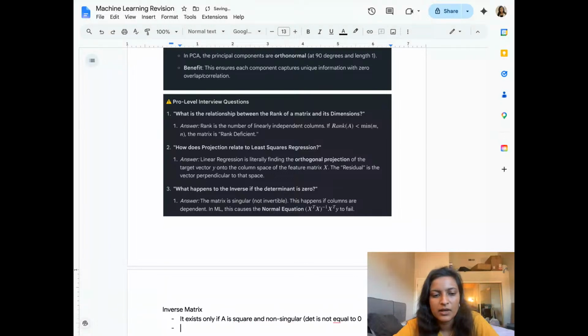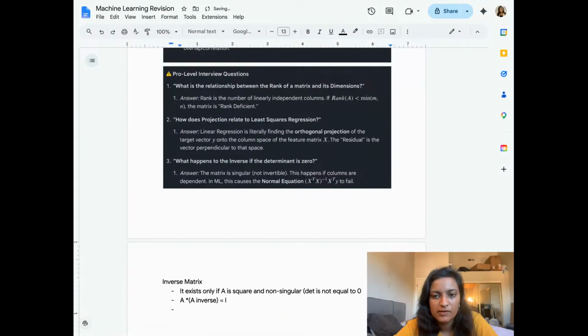The multiplication of a matrix A and its inverse gives us the identity matrix, right? In ML, it is used in closed-form solutions like the normal equation for linear regression.